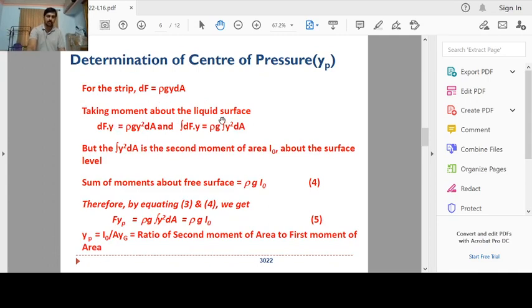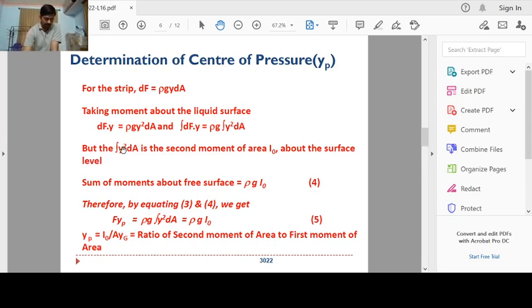Now taking moment about the top free liquid surface: moment is force into distance, so dF into y is the moment of that strip about the free liquid surface, which gives rho g y square dA. Integrating, integral dF into y is equal to rho g integral y square dA. Instead of y dA, it is y square dA, because we are taking the moment, not the force.